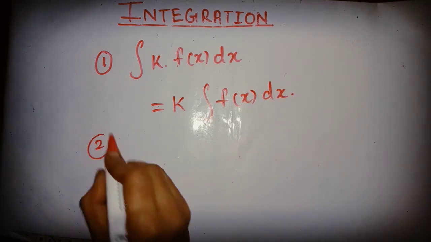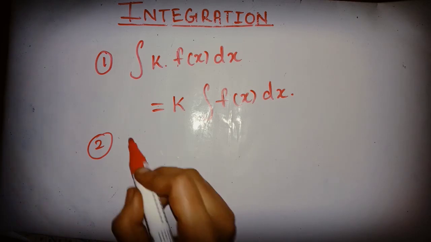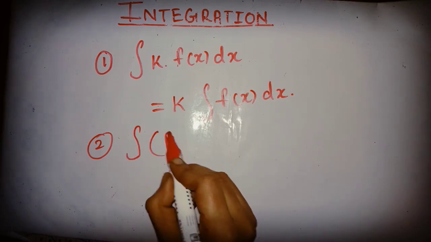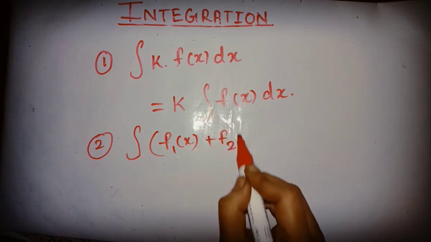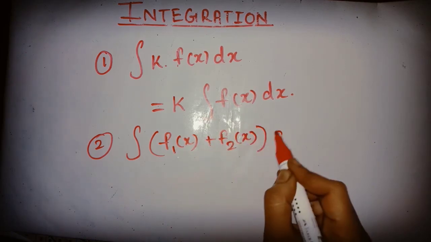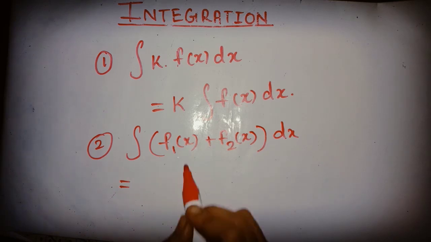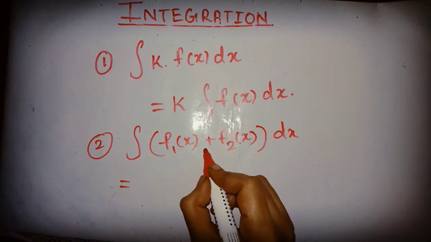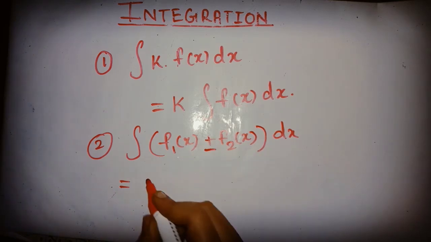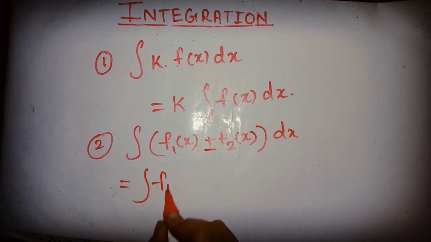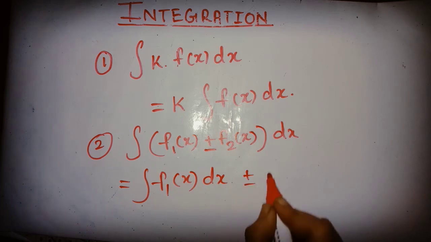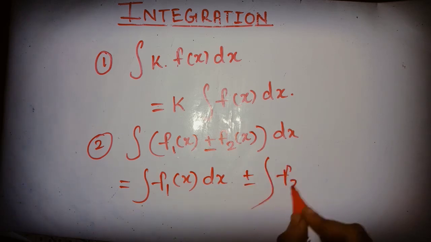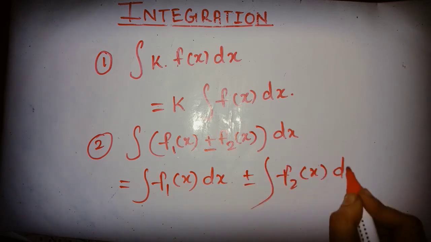Second thing is if you have the integral of f1 of x plus f2 of x, you can do this integration separately. Suppose you have plus or minus, so you can take one function at a time: integral f1 of x dx plus or minus integral f2 of x dx.